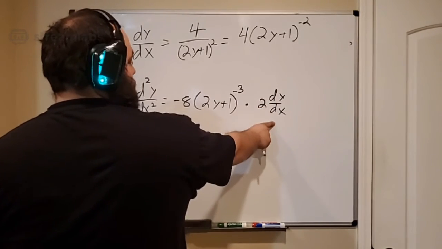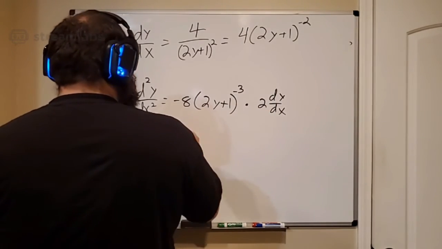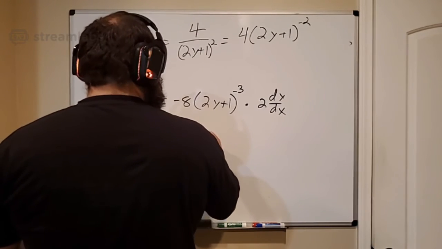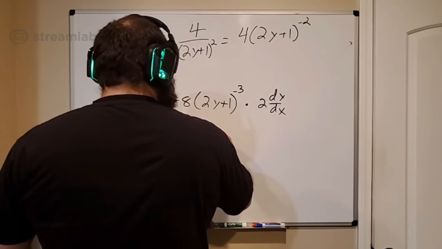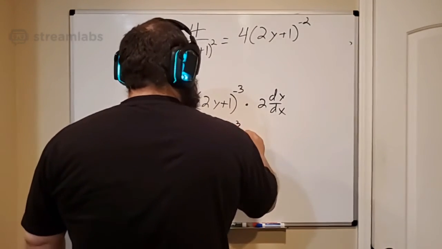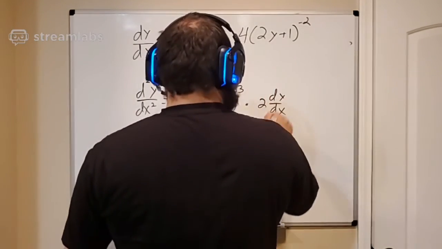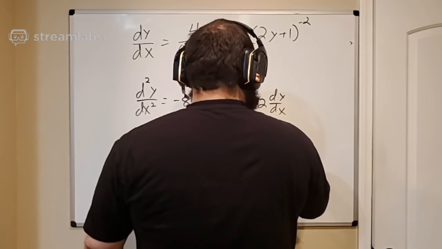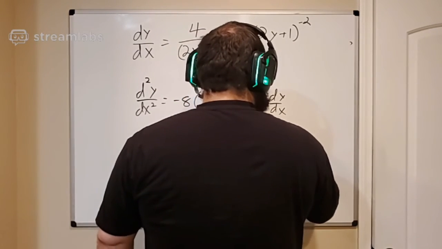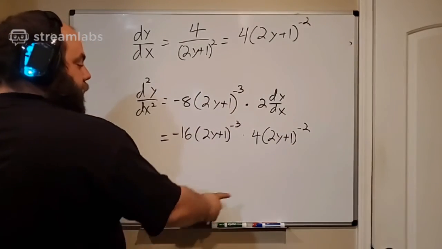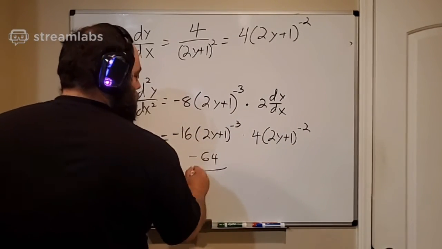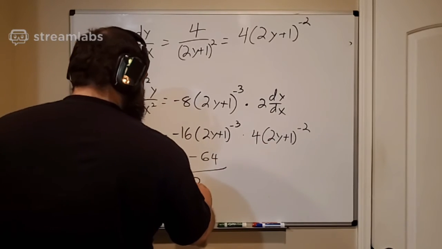So we get -16 times (2y plus 1) to the -3 times 4 times (2y plus 1) to the negative second. The 4 and the 16 come to be the negative 64. I'm going to move all the negatives to the bottom and combine them to (2y plus 1) to the negative fifth.